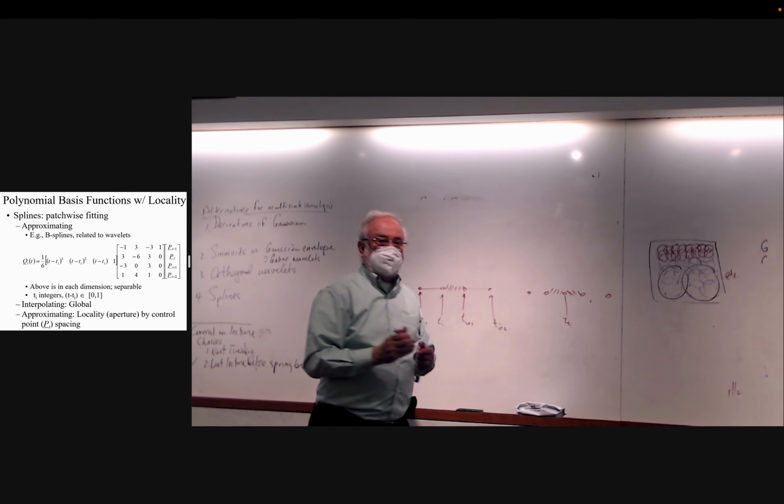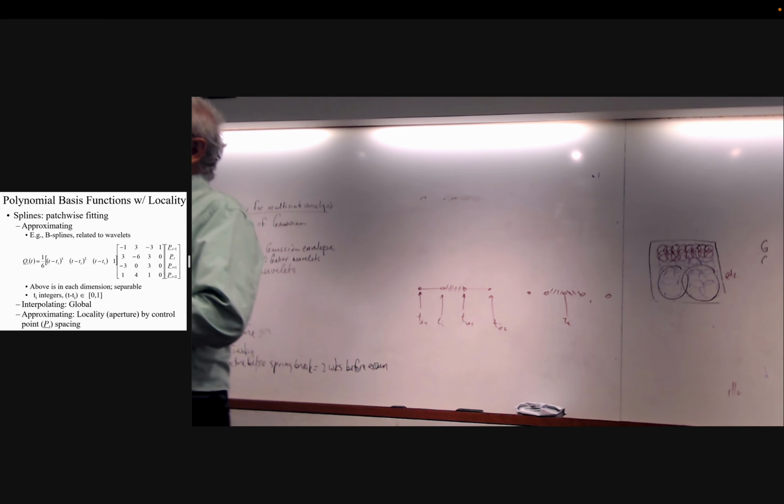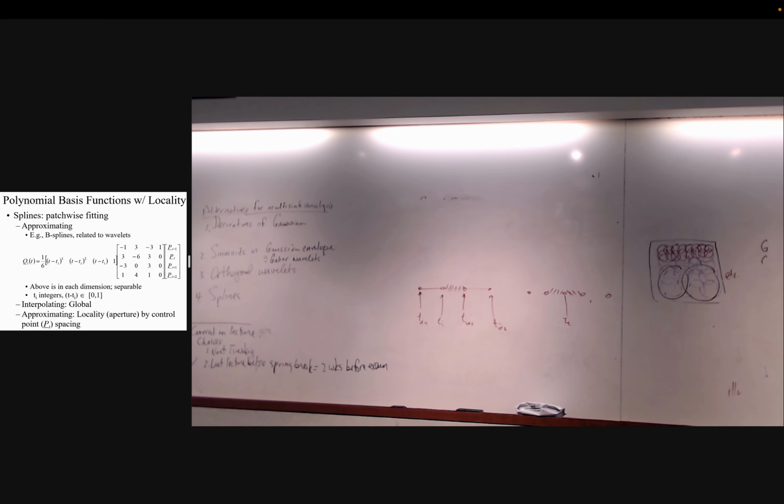The point is that this t sub i is an index that tells you where you are relative to the control points that you're going to use. There's the control point 2 away from the end of the patch, 1 away from the end of the patch. That's the ith one.